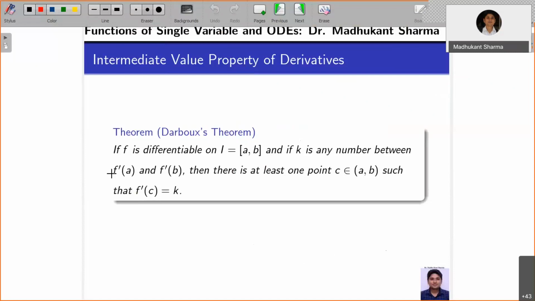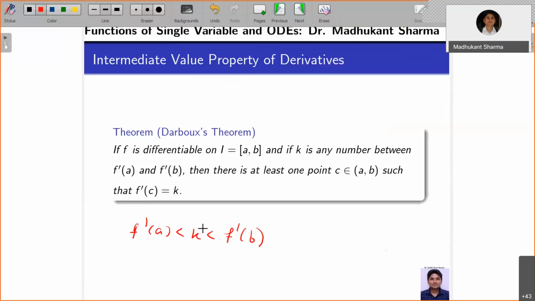In the case of continuity, we used Bolzano's property and defined the function f of x minus k, and then looked at the proof. Here also we are going to create an artificial function. So this k is any number such that f dash of a is less than k less than f dash of b.